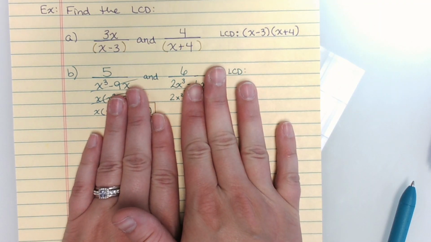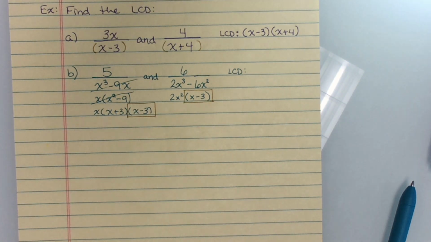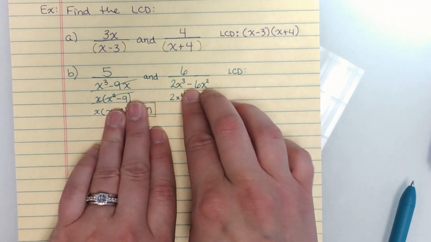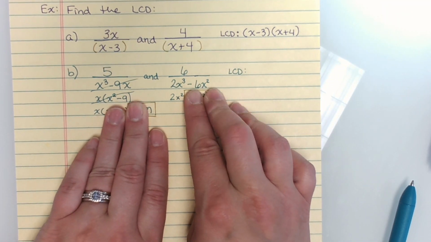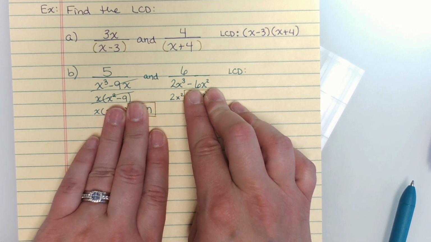What would be our least common denominator at that point? So, I look at the binomials they have in common and I look at the monomials separately. x and 2x squared. If those were purely my denominator, what would be the least common denominator?